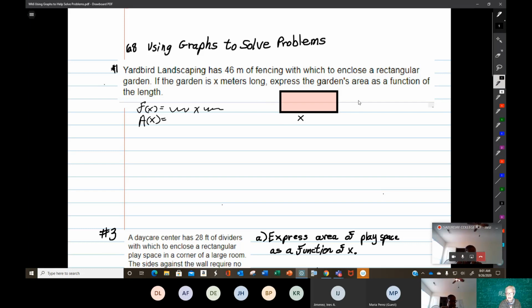And of course, the area of a rectangle is length times width.